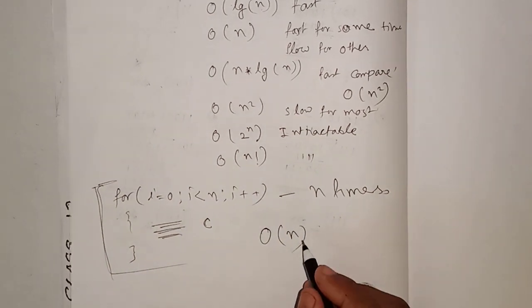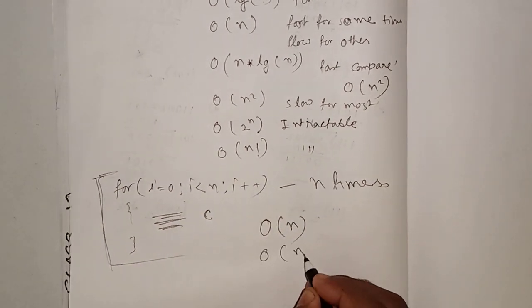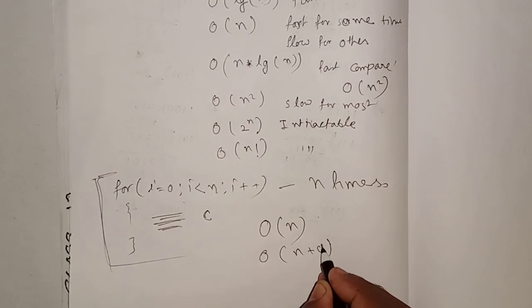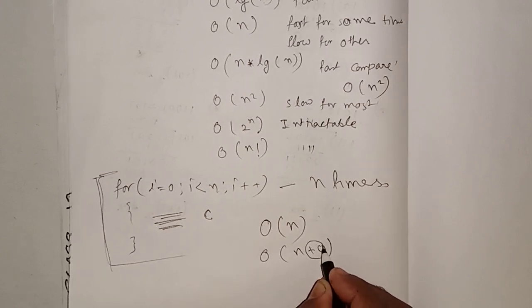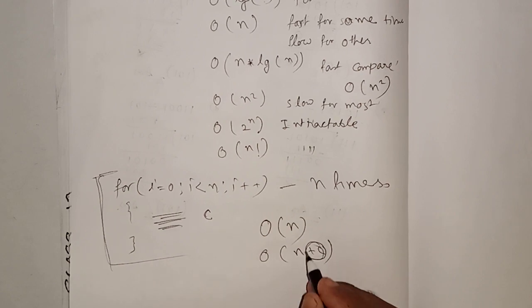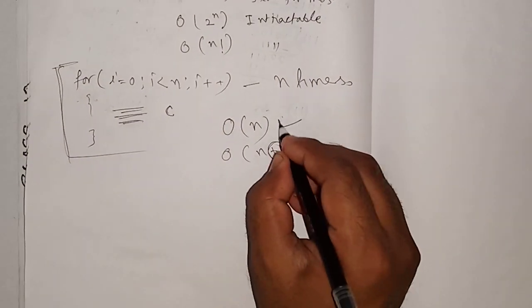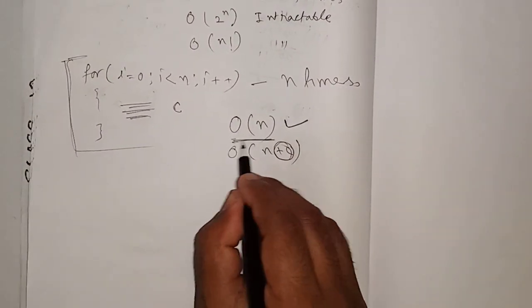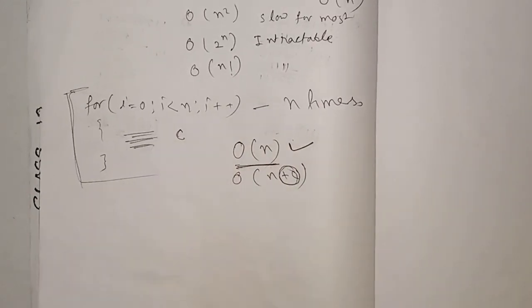So this is O(n plus c). This plus c is not considered, we ignore the c portion and only accept n. So this is the time complexity of this program.